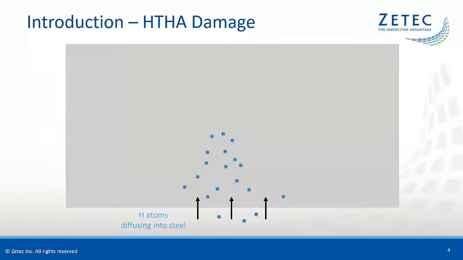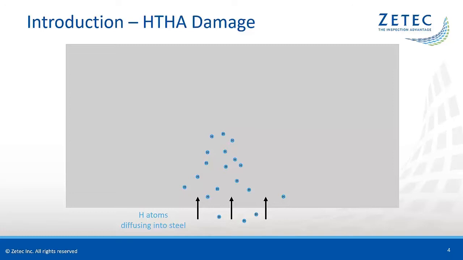So let us first look into the damage mechanism. High-temperature hydrogen attack, or HTHA, occurs in low-alloy carbon steels operating at high temperature, typically above 205 degrees Celsius or 400 degrees Fahrenheit. It occurs in hydrogen environments that are typically present in refineries, petrochemical plants, and chemical facilities.